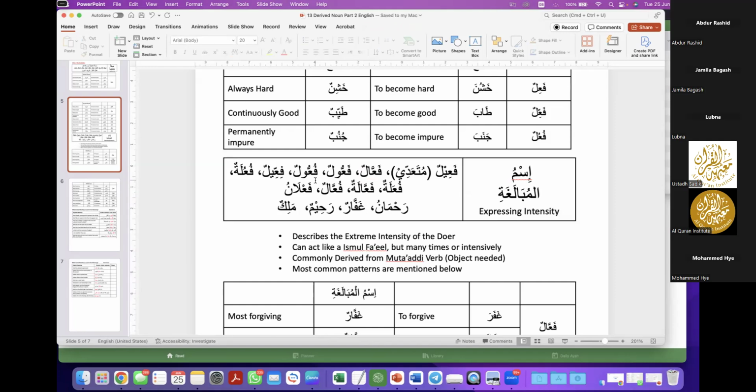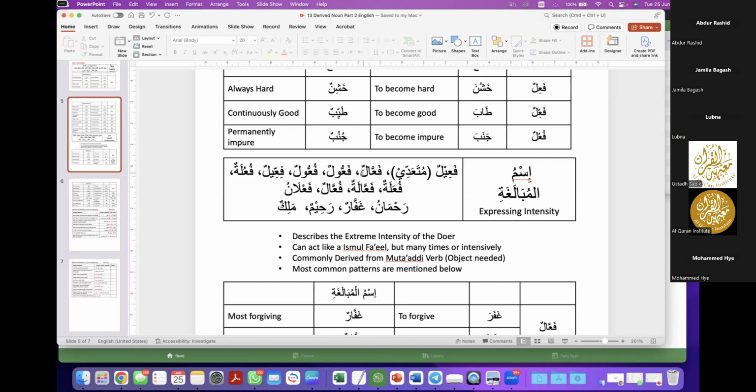Fa'alun. Yes, ismul mubalagha. Razzaqun. Can you see this? Fa'alun pattern. Okay.